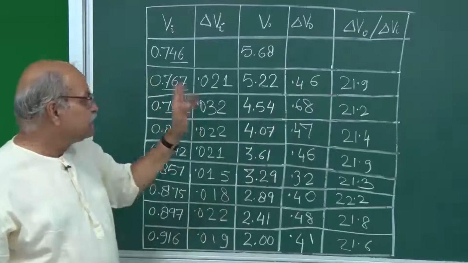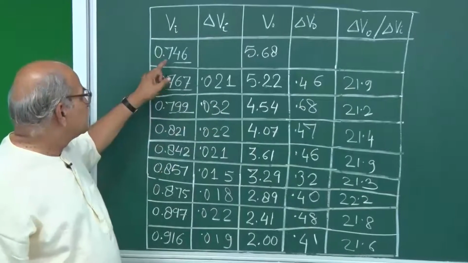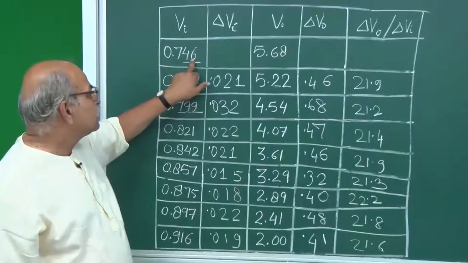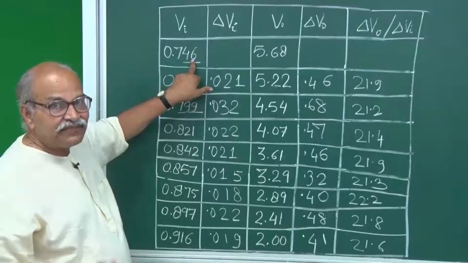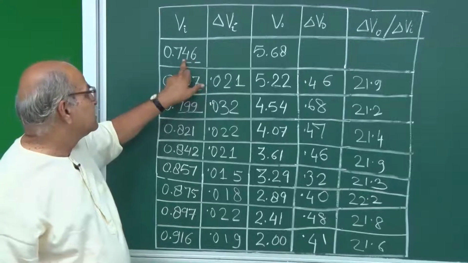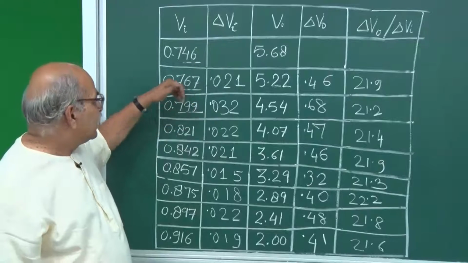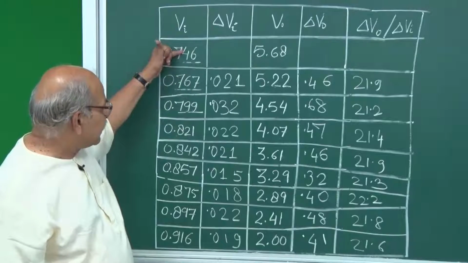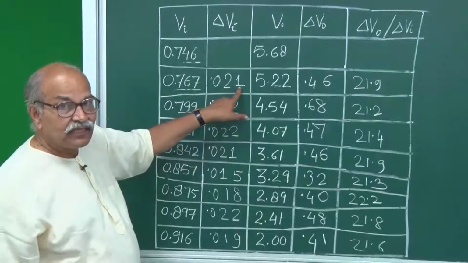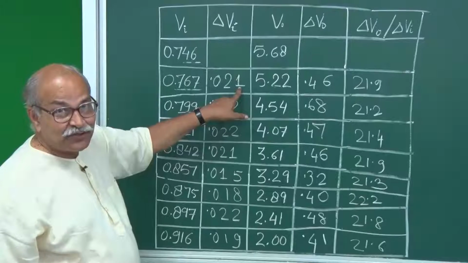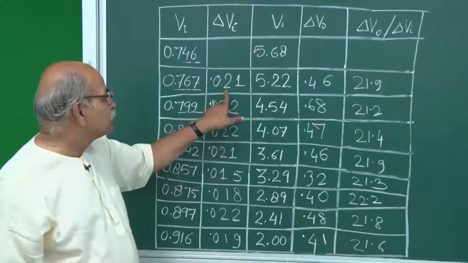And remember, each measurement has a least count. When I write this 746, this last digit here is least significant. So there could be an error of 0.001 here, and when you are subtracting, the errors add. So it can be an error of 0.002 here, and 0.002 is not small, because this whole number is 0.021.